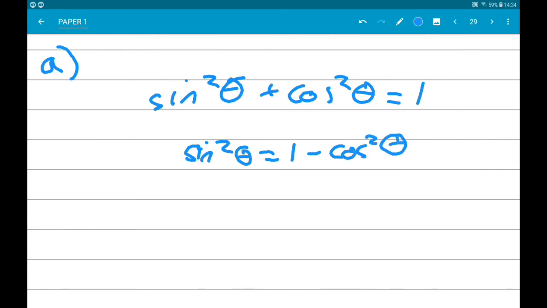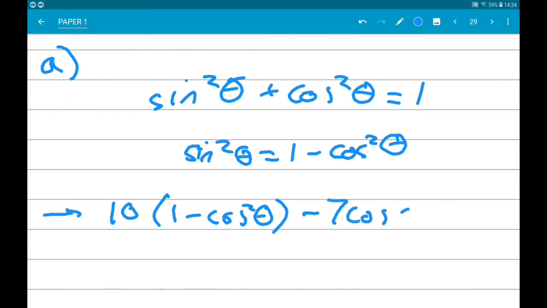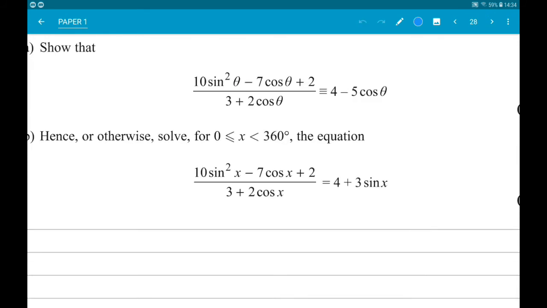So, we can now write 10 lots of 1 minus cos squared minus 7 cos add 2 all over 3 add 2 cos.